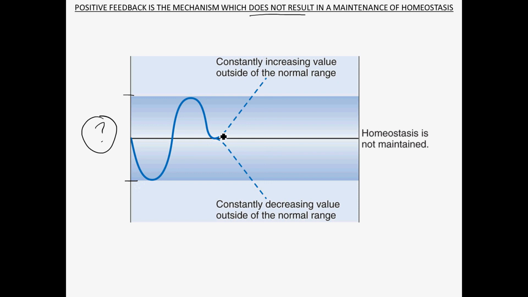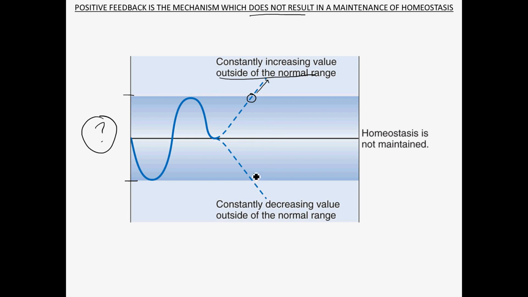And in the case of a positive feedback, what happens is when you reach this upper limit, the body will respond by continuing to do something that will continue that increase up above the normal range. So constantly increasing outside of the normal range. So you reach this upper limit and you don't go back down, you don't stay away from it, you actually go beyond it in the same direction.